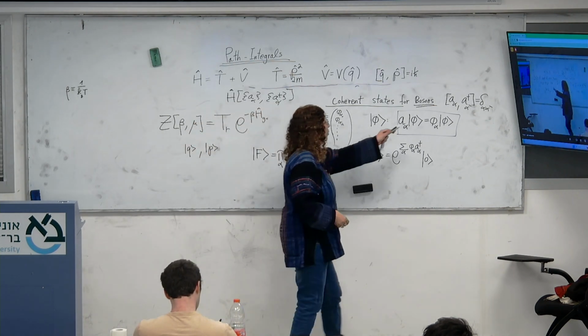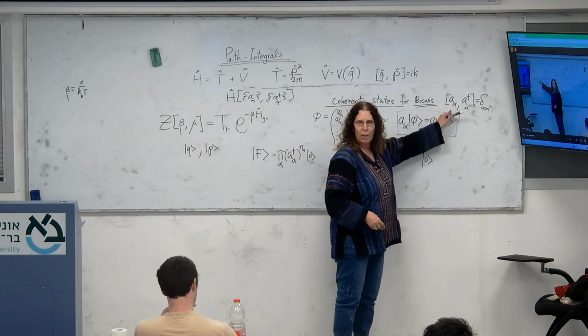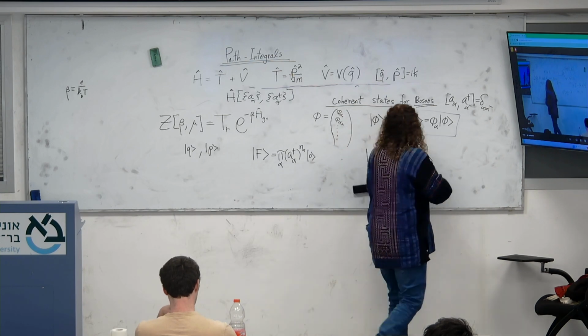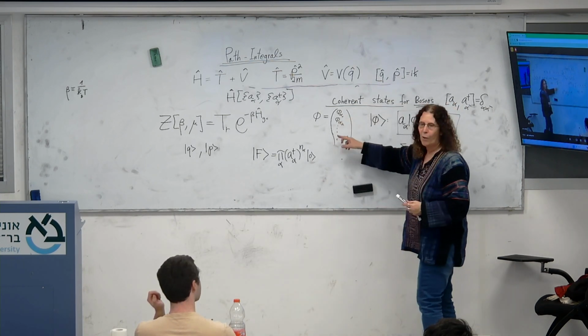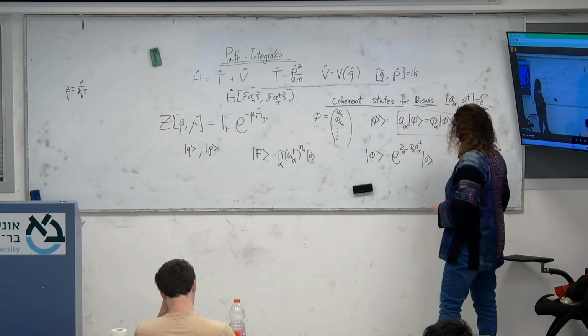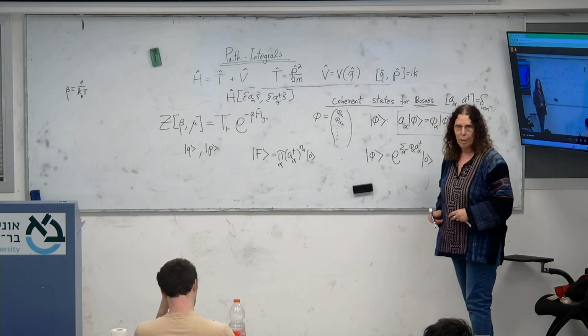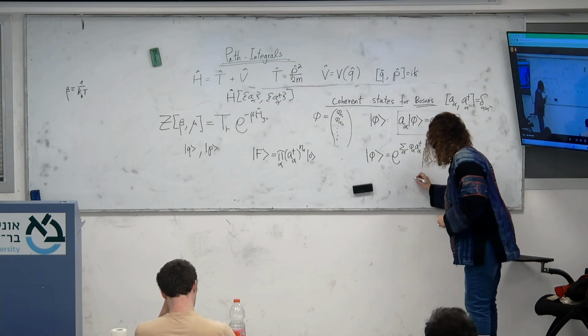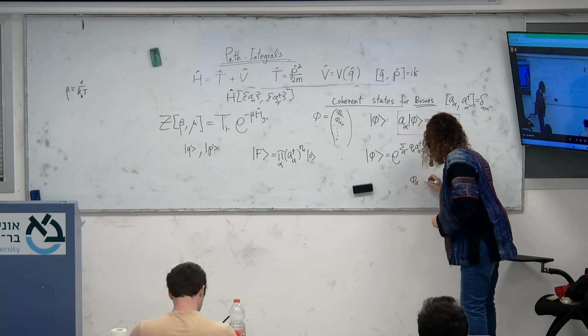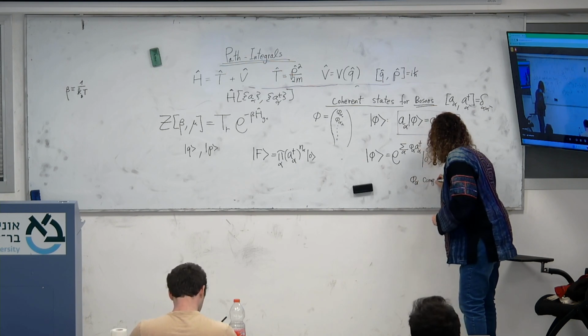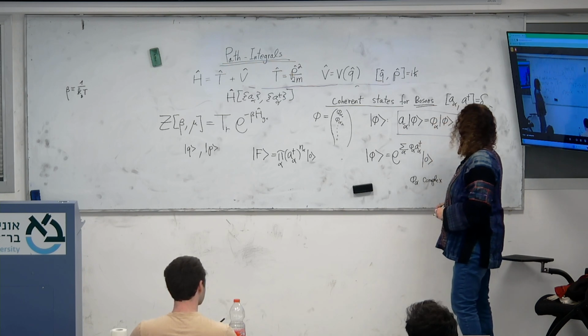But these are commutators, not anti-commutators. And in this expression, these phi alphas are complex numbers. Okay? Phi alpha is a complex number.